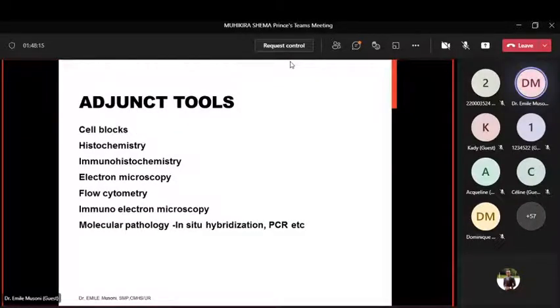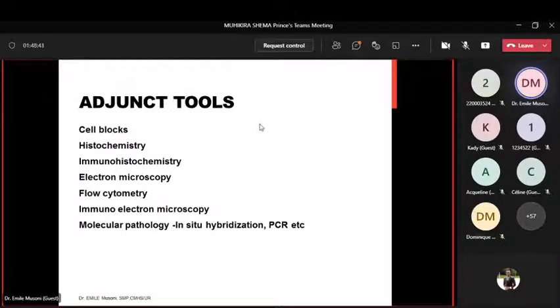The sample taken for fine needle aspiration can be used for a cell block, as you have said: you do centrifugation, then you put it in formalin, then you go for analysis like in histopathology. It can be used for histochemistry, for immunohistochemistry, electron microscopy.